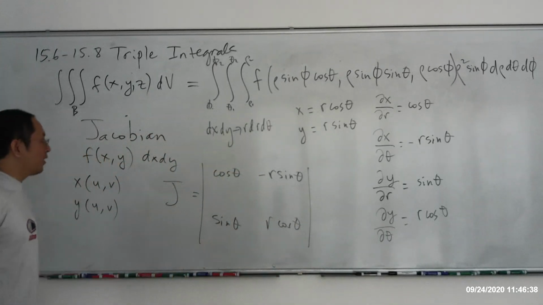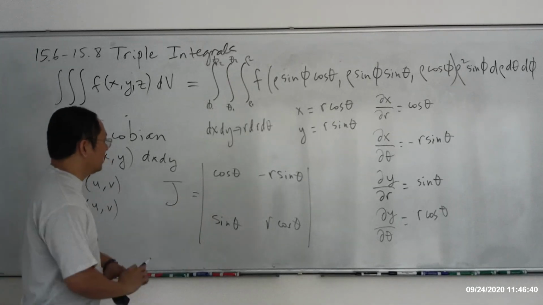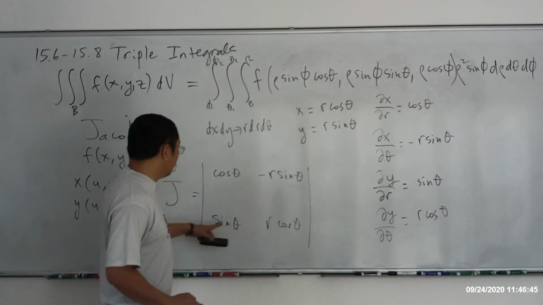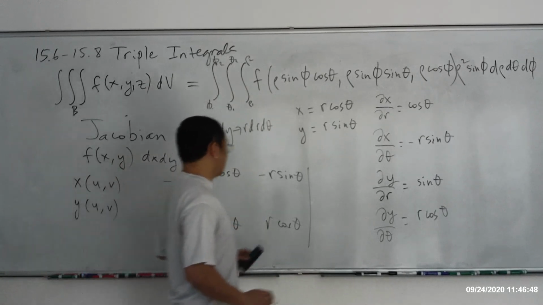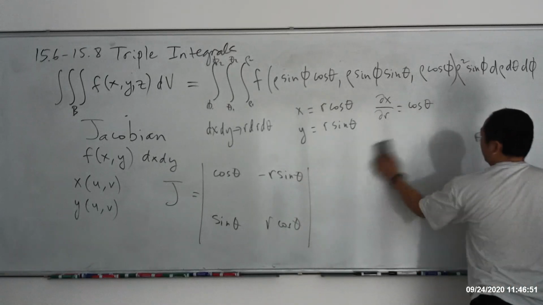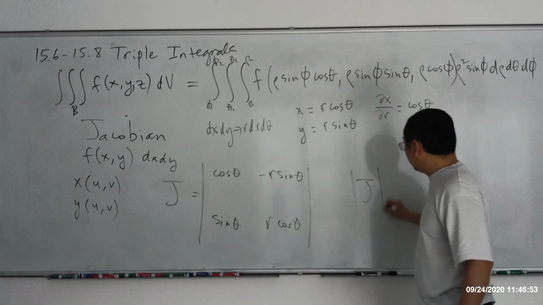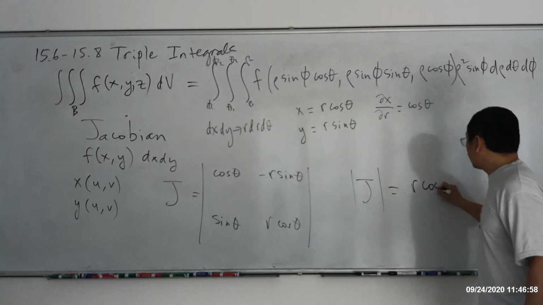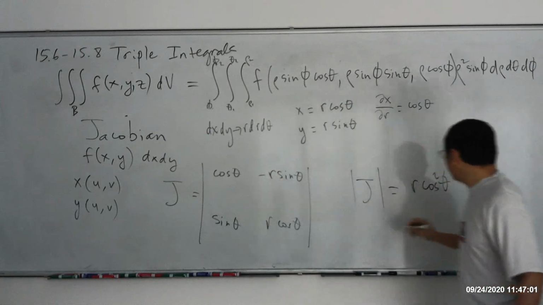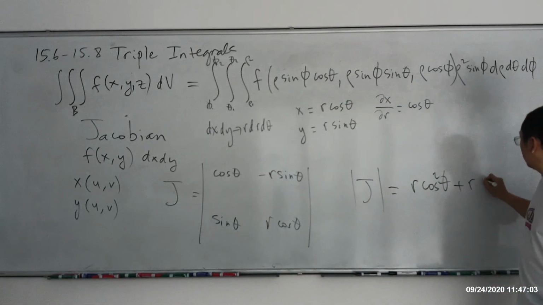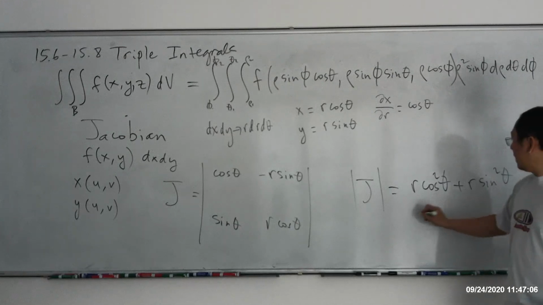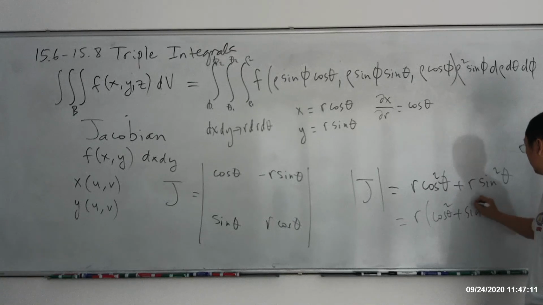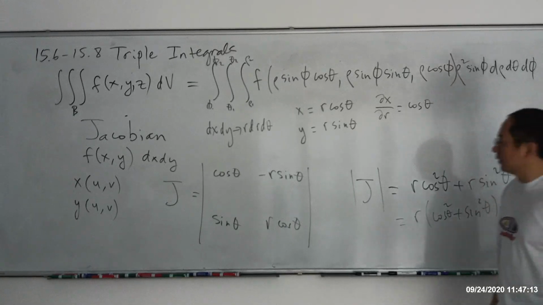If you took pre-cal already, this is a 2x2 matrix, and you want to calculate the determinant, which is A times D minus B times C. So what is it? It's r cosine squared theta, minus with a minus becomes plus, r sine squared theta. You add them up, it's r times cosine squared theta plus sine squared theta, and this is equal to r.